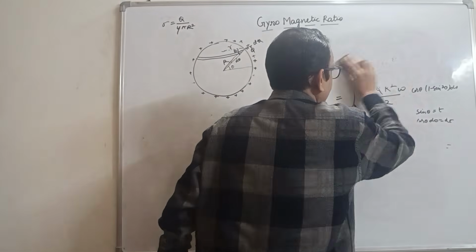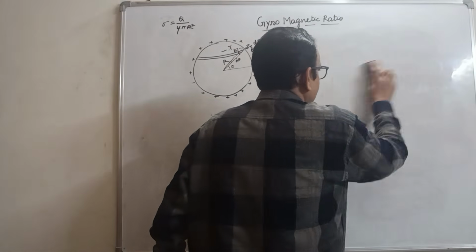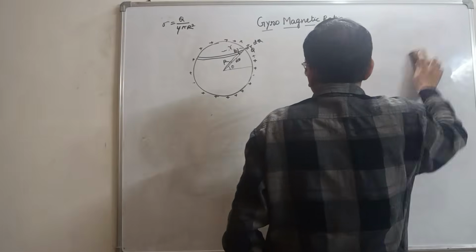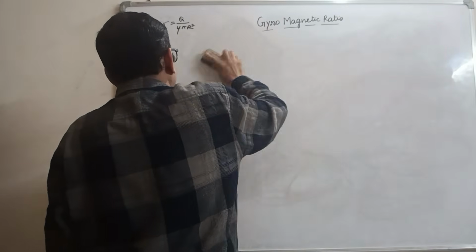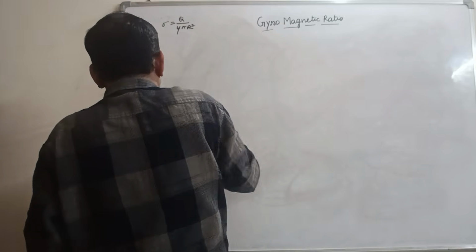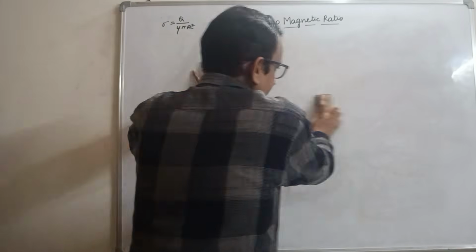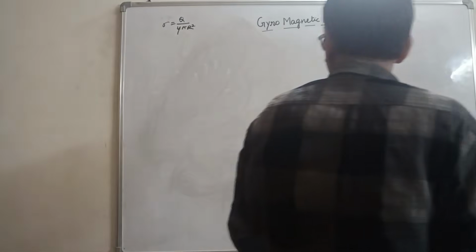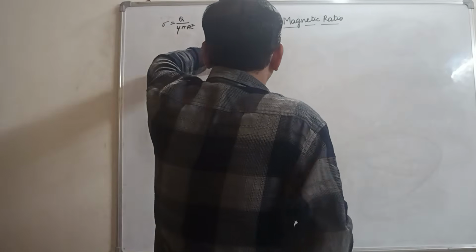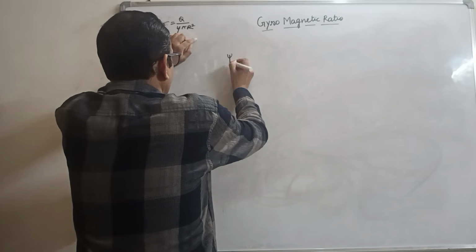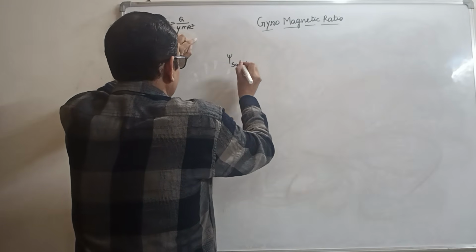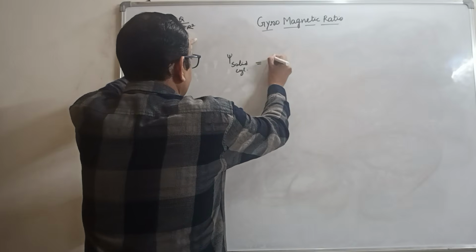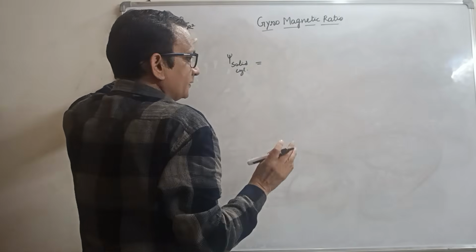So for a solid cylinder, the gyromagnetic ratio would not be q by 2m.